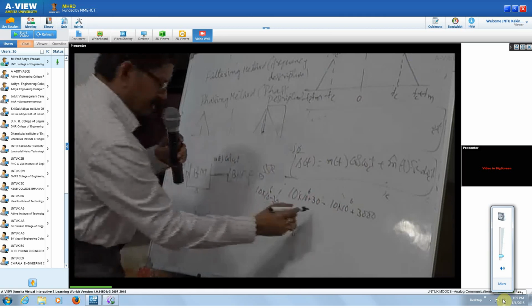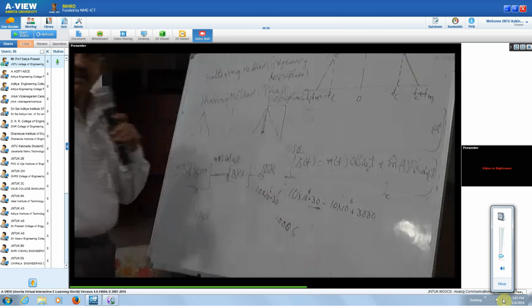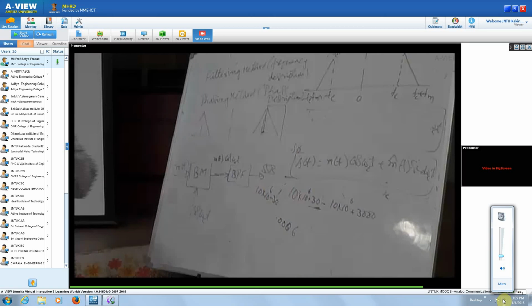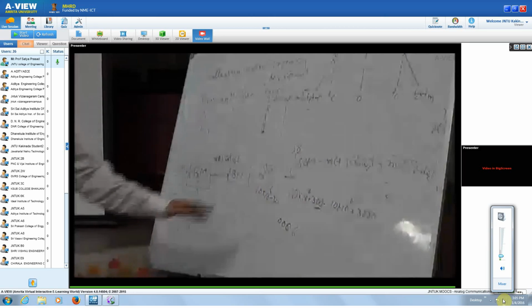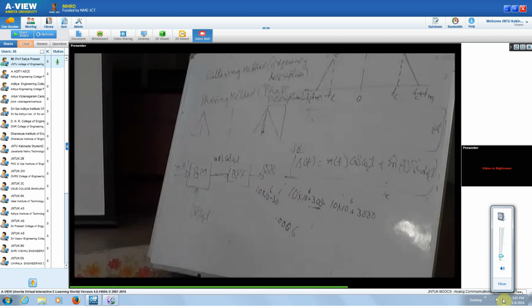Even though we say that the voice starts from 30 hertz, we will be having 300 hertz to 3 kilohertz. The maximum energy is going to be contained in this frequency spectrum. So eliminate the low frequencies and discard the high frequencies.